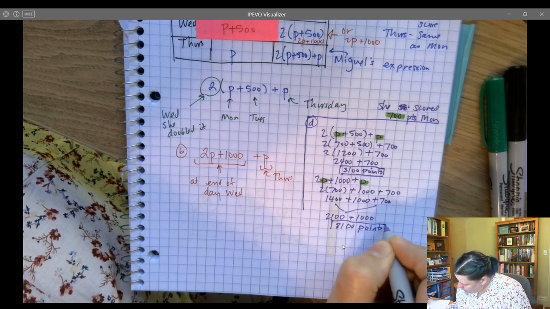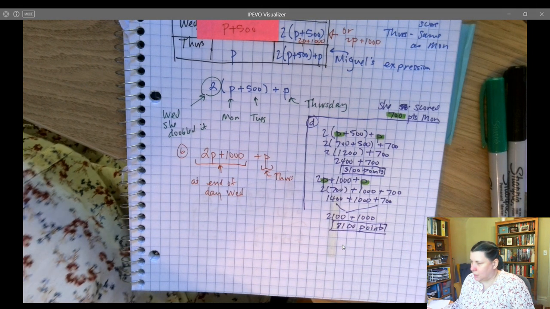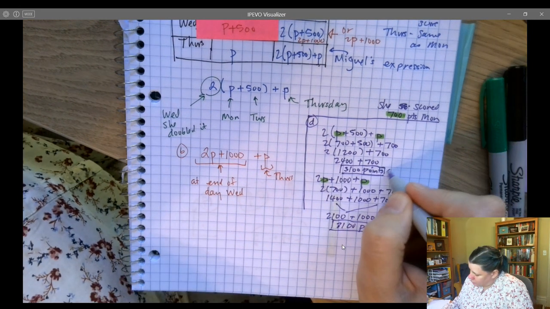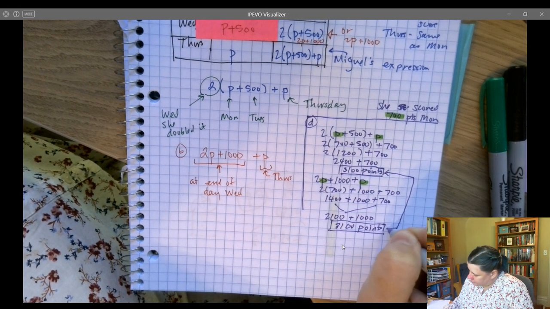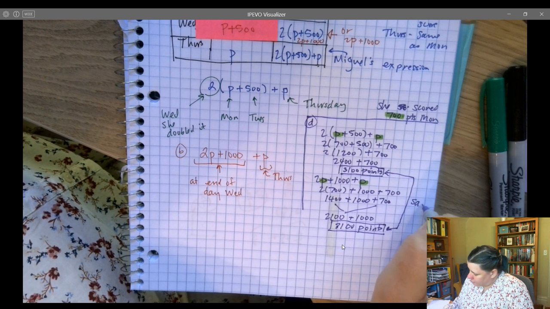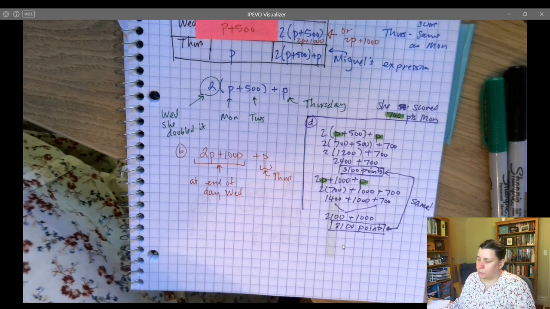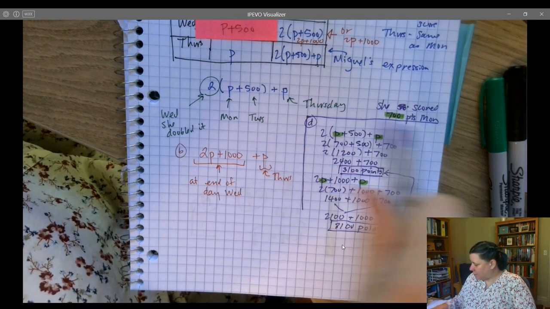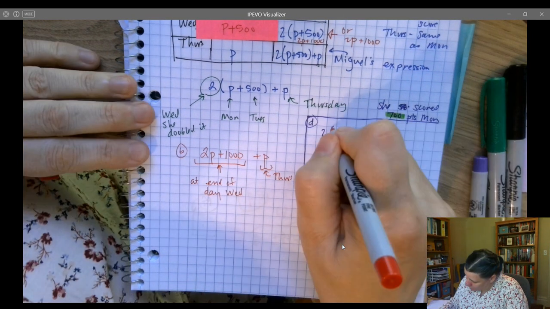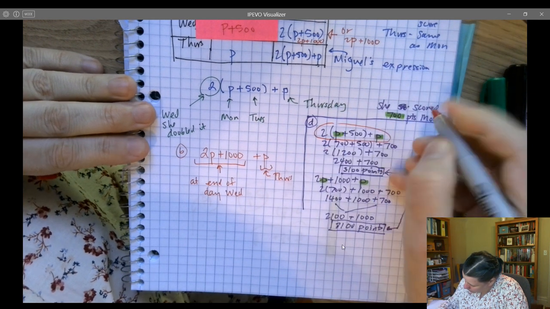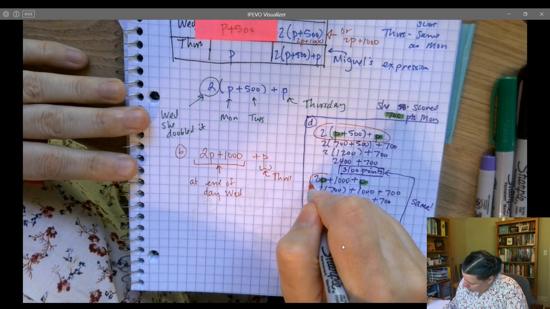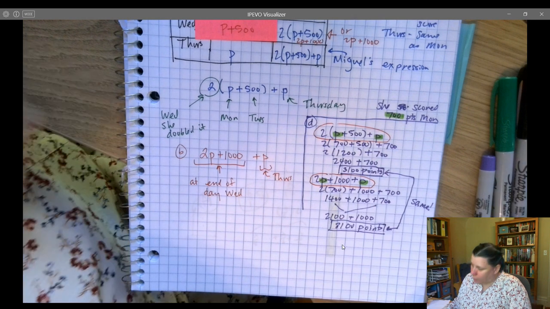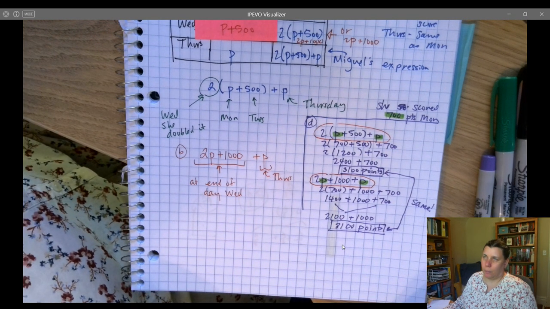And the purpose of this question, the reason why this is an interesting question, is that these two values are the same. And they're supposed to be the same because the two expressions that we started with, Miguel's expression and Nevaeh's expression, they both represent the same situation.